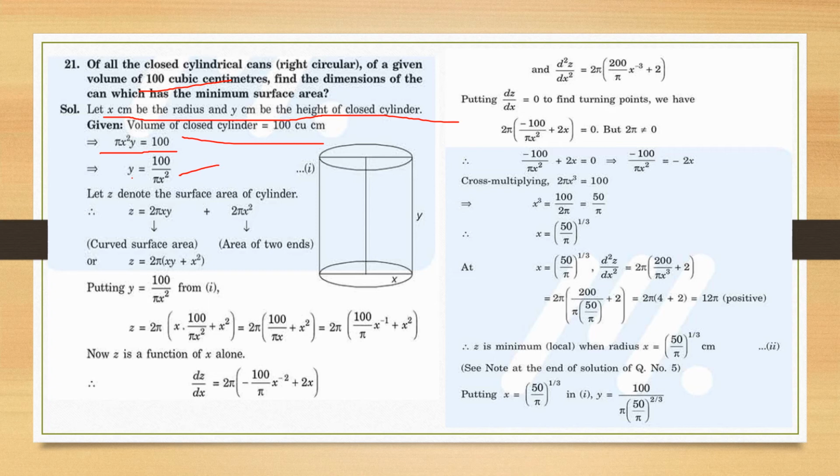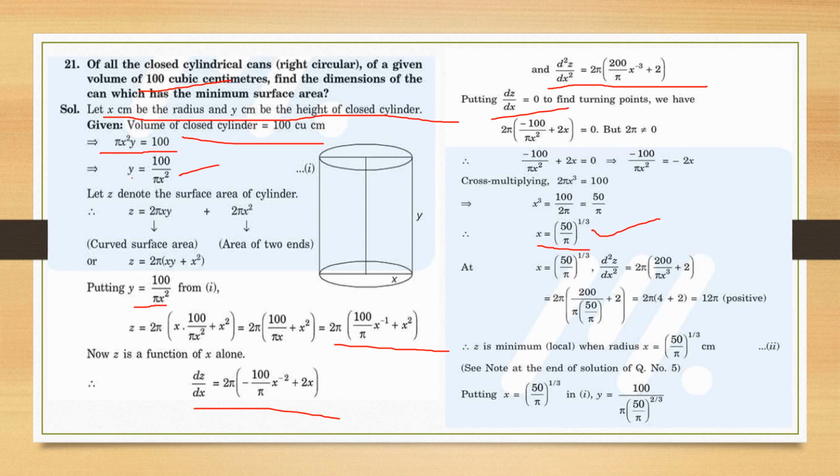Z is your surface area. So again it is 2 pi rh plus 2 pi r square. Z is 2 pi xy plus x square. Okay. 2 pi is common. Now put the value of y to change it to a single variable. So we come up to here. Now again differentiate the first time, then the second derivative. To find the critical point, put this equal to 0. So from here we get the value of x as 50 upon pi raised to the power 1 by 3.